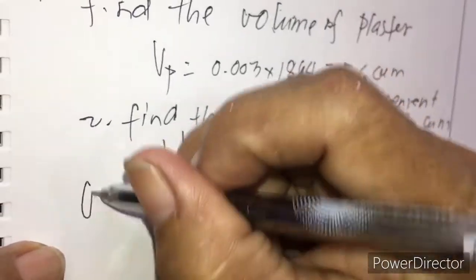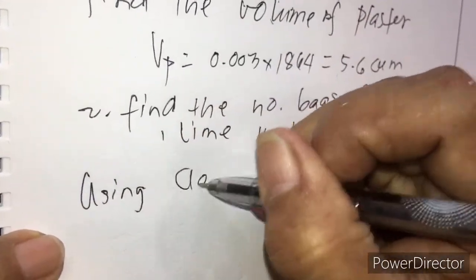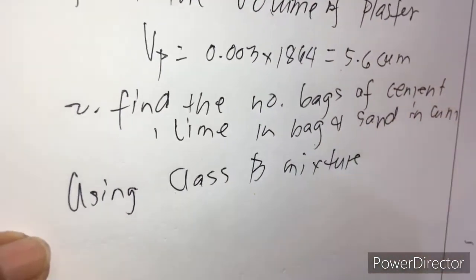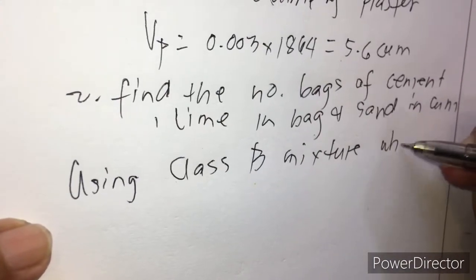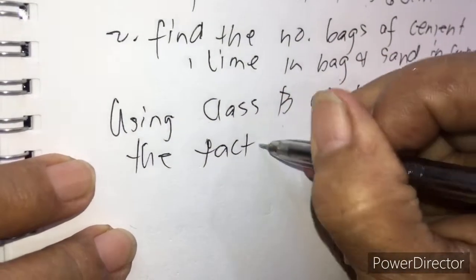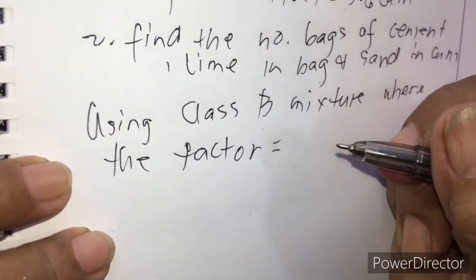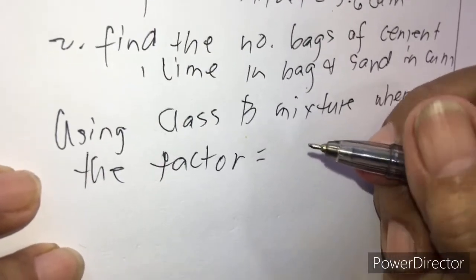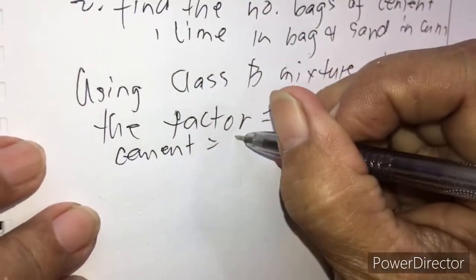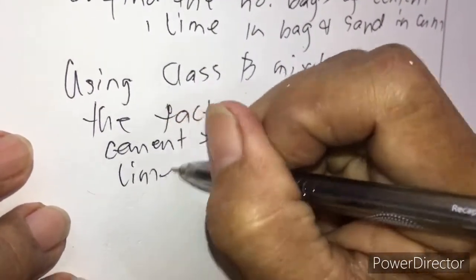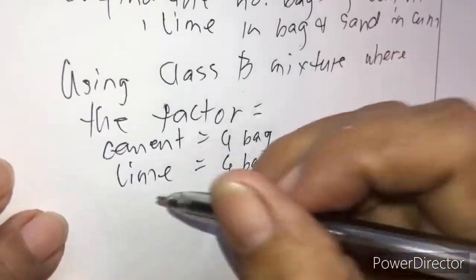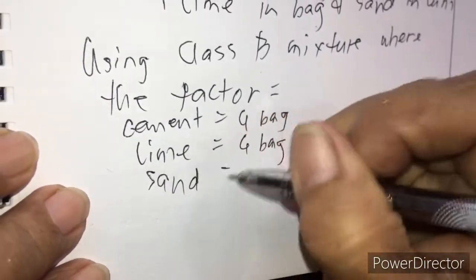Using class B mixture, where the factor in cement equals 6 bags, lime also 6 bags, and in sand, still 1.